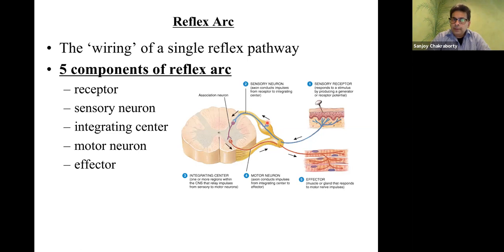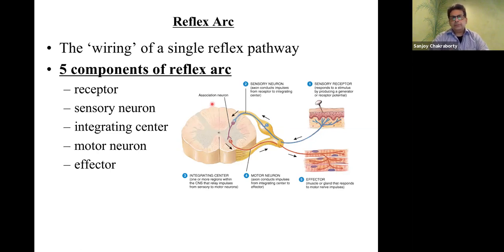And that particular area, which is the cell body of the sensory neuron, is outside of the CNS, because this is CNS, this is PNS. In the PNS, a cell body cluster is called a ganglion. So that's the ganglion right there, where the cell body is, okay? And then the sensory neuron goes into the spinal cord from the posterior side. This is to remember.